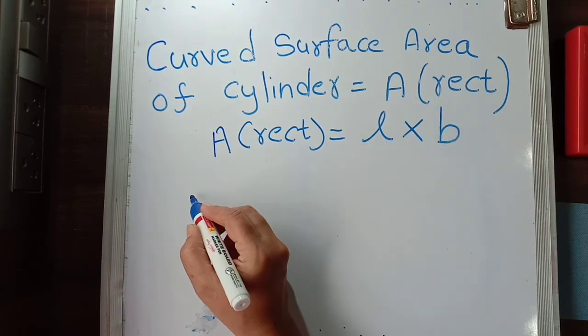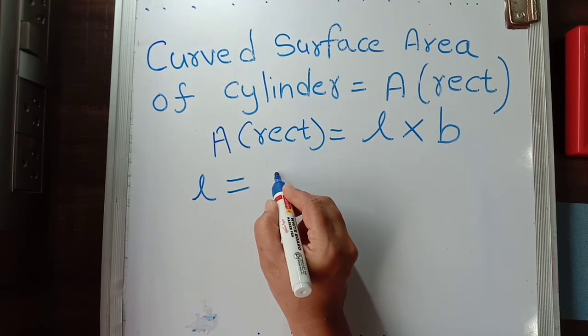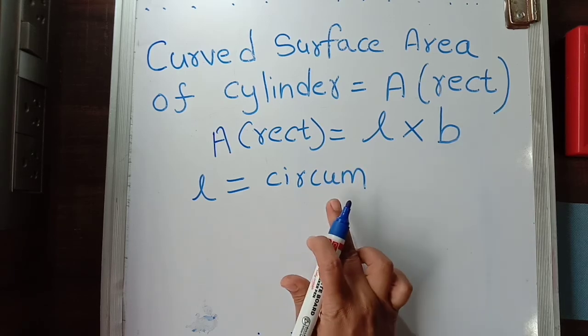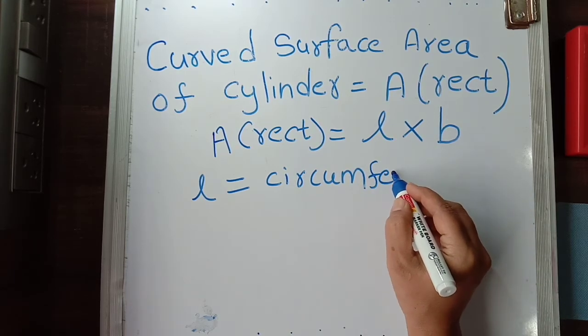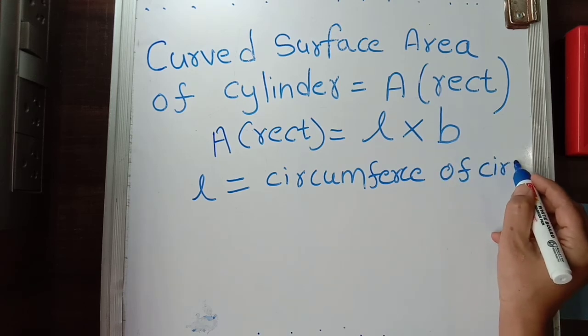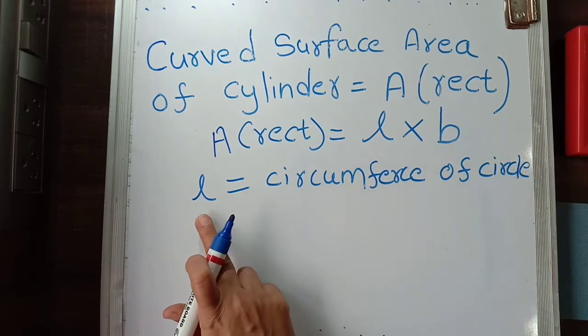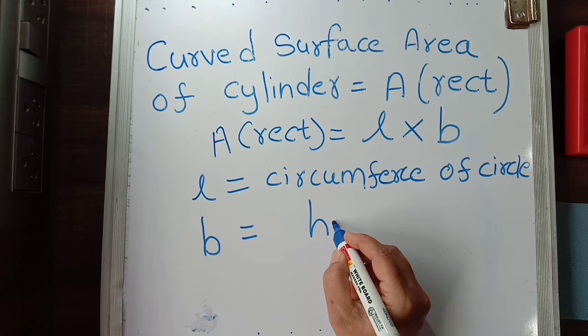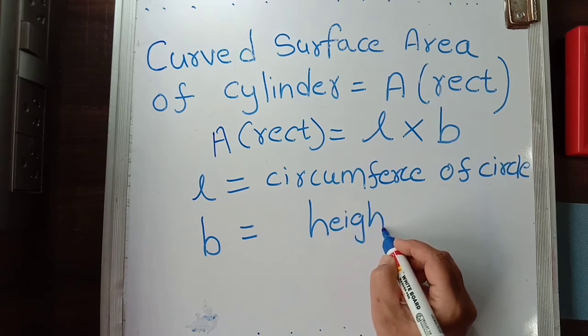Now length is formed by what? It is formed by the circumference. Or rather we can say the circumference of the circle is nothing but the length of the rectangle and the breadth is nothing but the height of the cylinder.